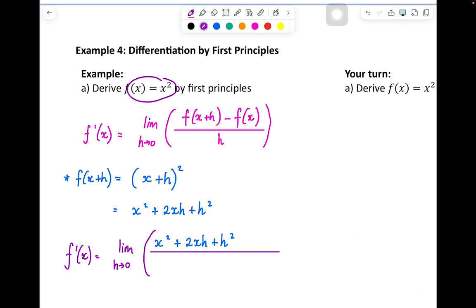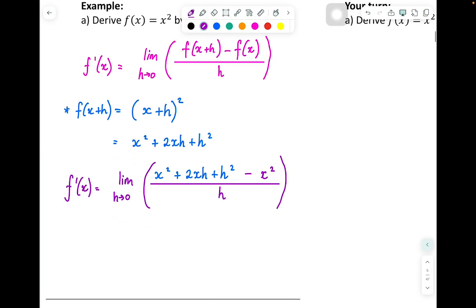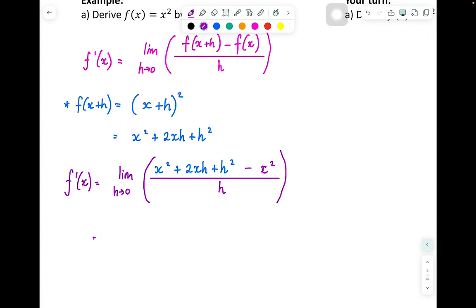Now f of x is x squared, so we're going to subtract x squared, and we're going to divide by h. Since we haven't applied the limits yet, we still need to continue to write our limit function on the outside as we go to simplify our expression here.